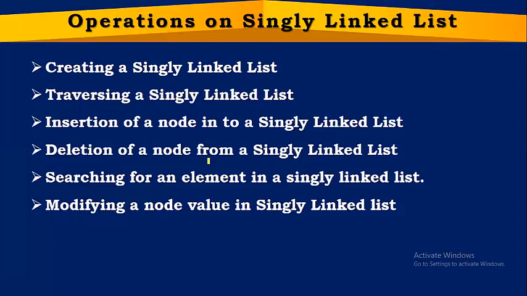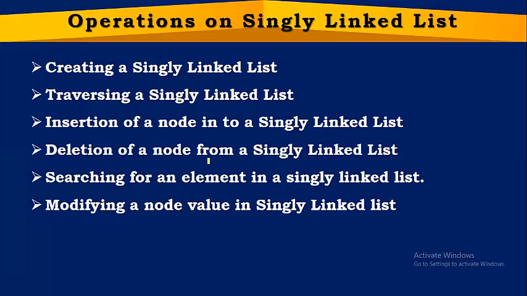Next, searching for an element in a singly linked list. Here, the user is going to give a data, and you have to search whether any node in the singly linked list contains that particular data or not.